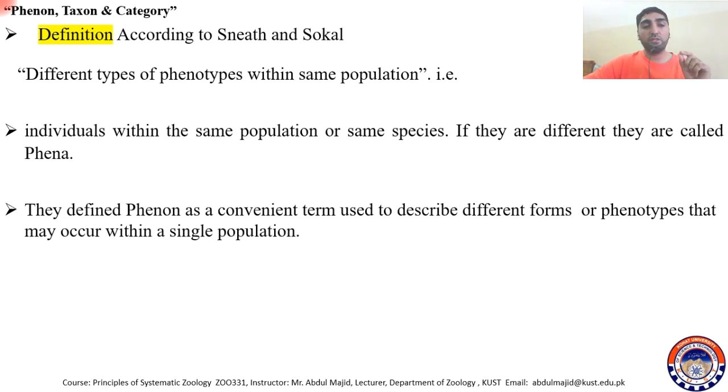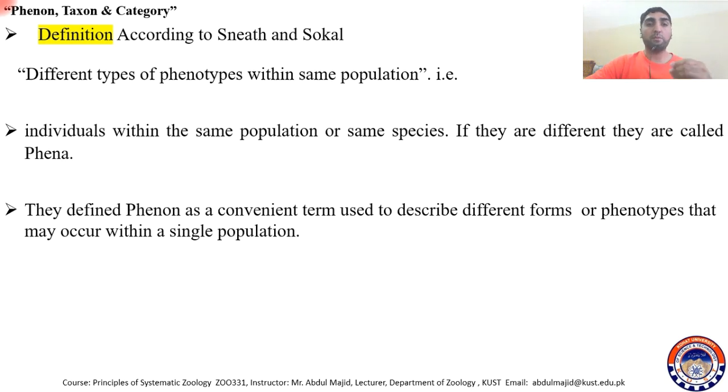Now, they defined phenon as a convenient term used to describe different forms or phenotypes that may occur within a single population. Actually, Sneath and Sokal used this term phena to conveniently explain the different forms or different phenotypes or different morphological shapes in a population. So in a population, we have the same species.